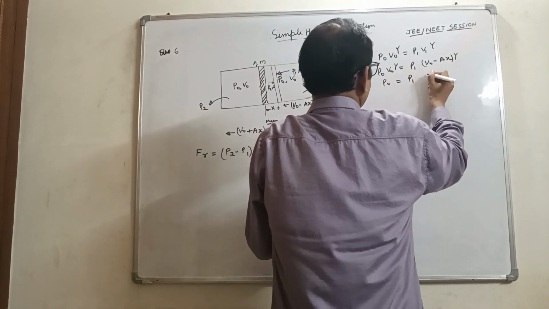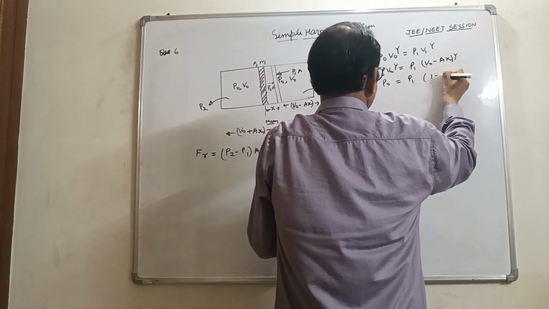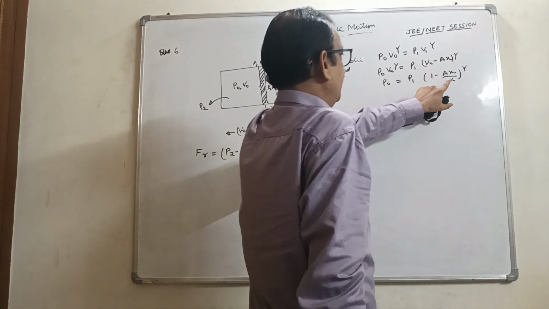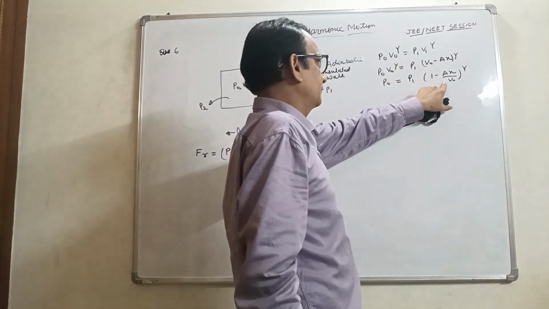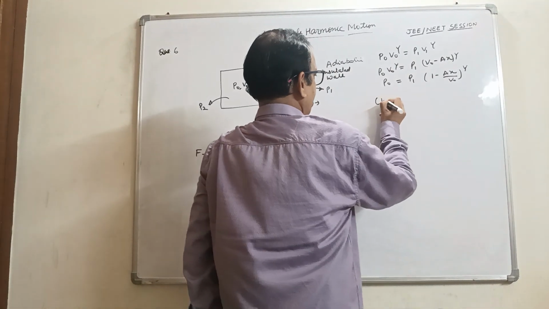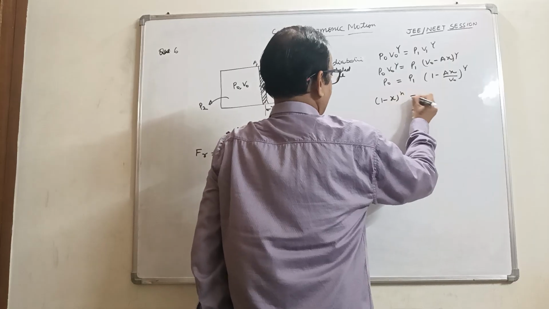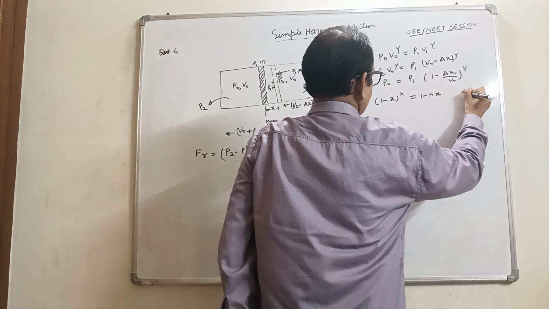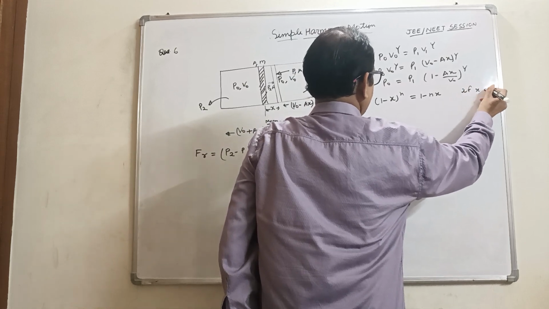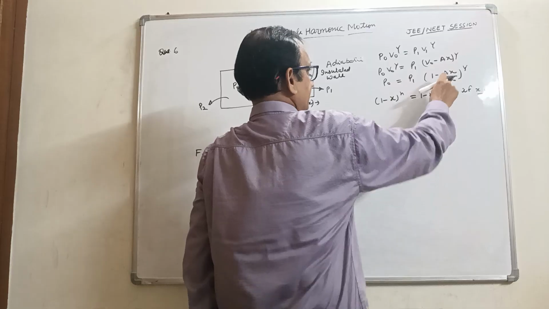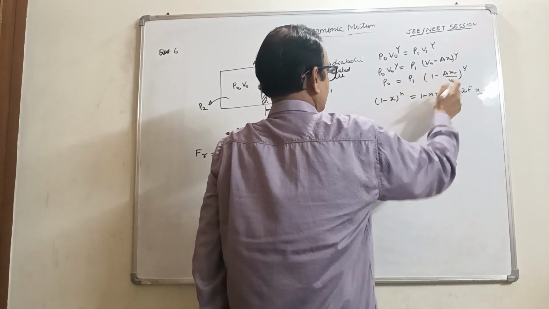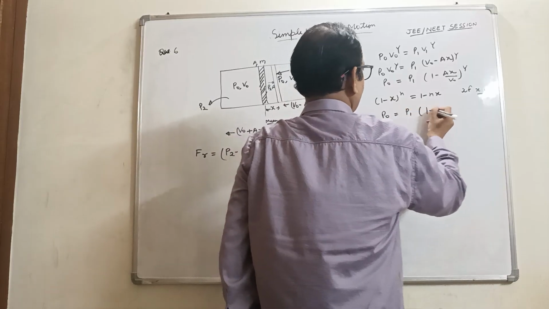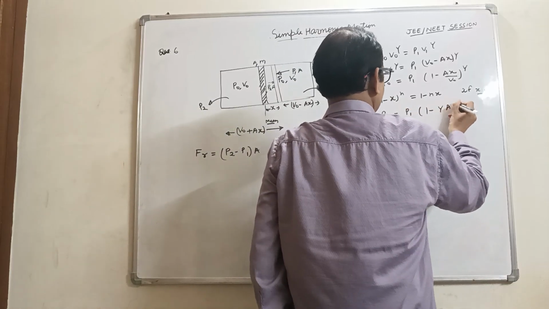This becomes P1 times 1 minus Ax upon V naught, raised to gamma. By the binomial expansion, 1 minus x raised to power n is approximately 1 minus nx if x is very less than 1. So this term is very less than 1, and we can write P naught is equal to P1 times 1 minus gamma Ax upon V naught.